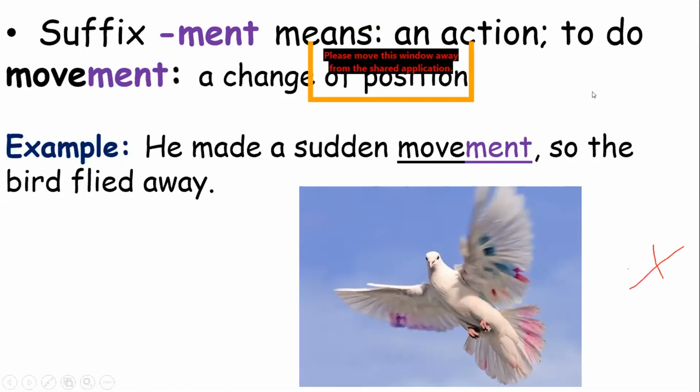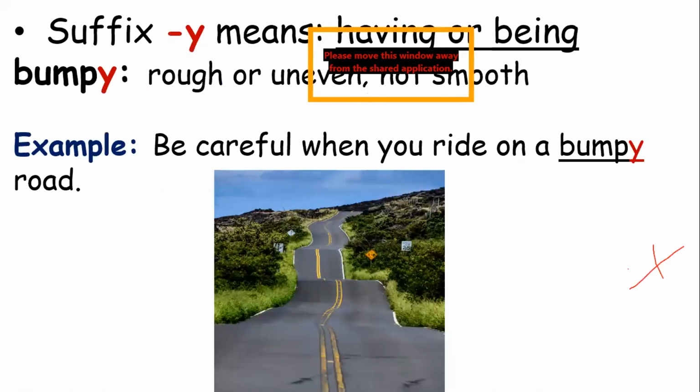So movement, a change of position. Example, he made a sudden movement so the bird flew away. Movement is to change your position, to move from one place to another. And ment is an action, something you do.